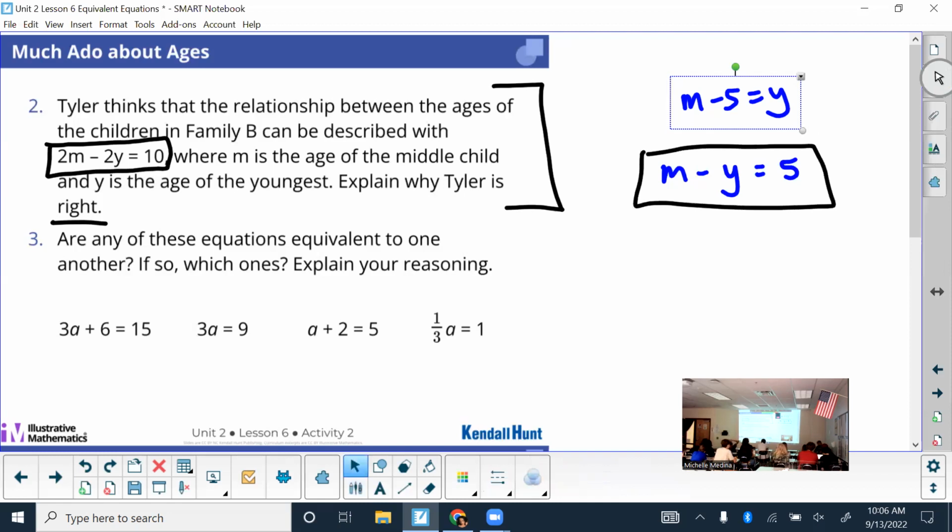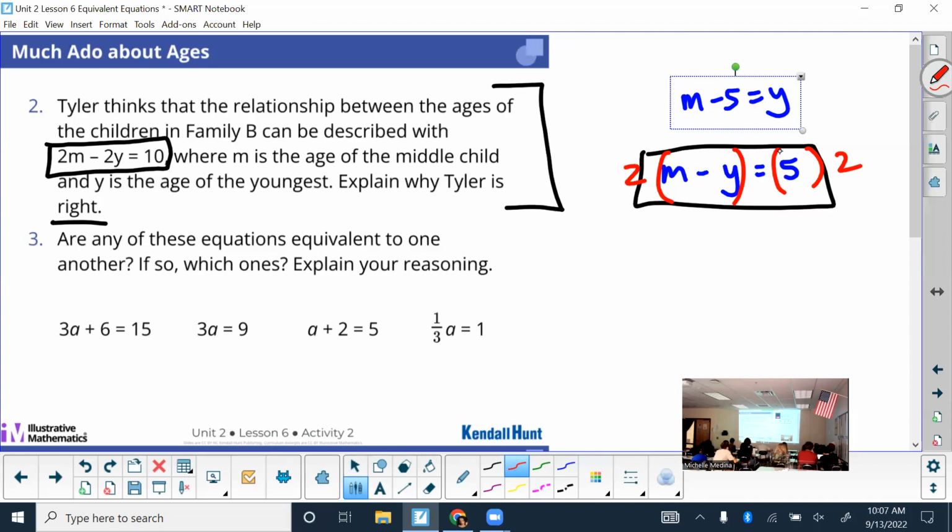Yes, Ryan? Times all by 2. He times every single term by 2. If you do something to both sides of the equal sign or to every single term, so if I did it to both sides of the equal sign here, times 1 by 2. That's something that we learn in solving, right?